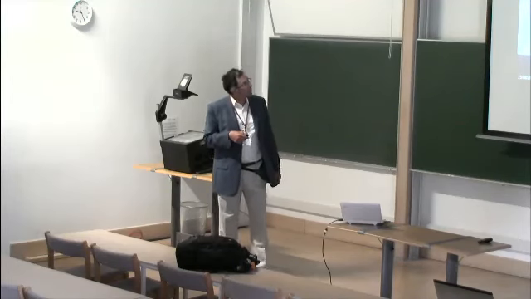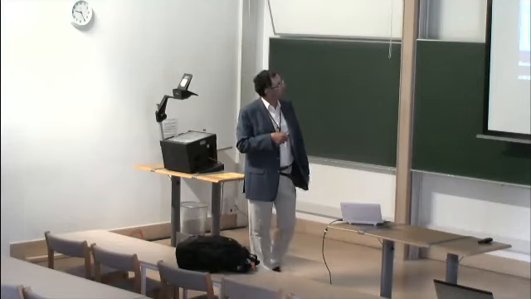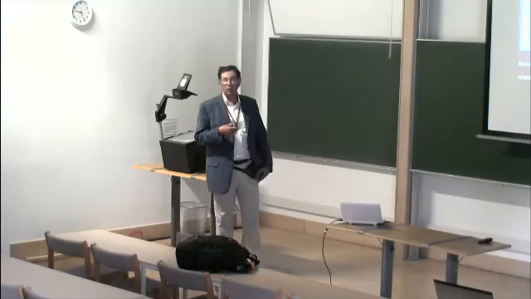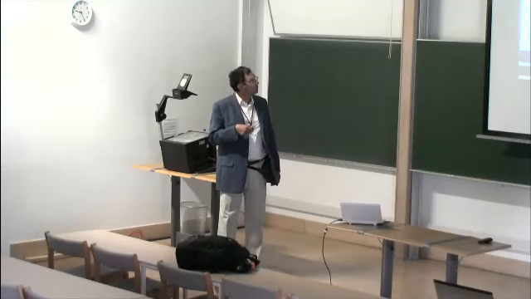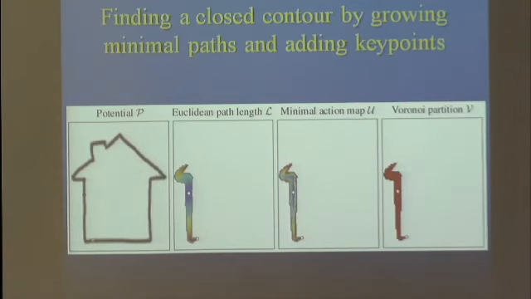So maybe I'll skip over this, but this is a very simple example here, just to illustrate the method for finding this contour. So here you have a potential that is small where it is dark, and you give a starting point here. And what you do is at the same time you do this fast marching, so this front propagation, to compute the weighted distance to the starting point P1.